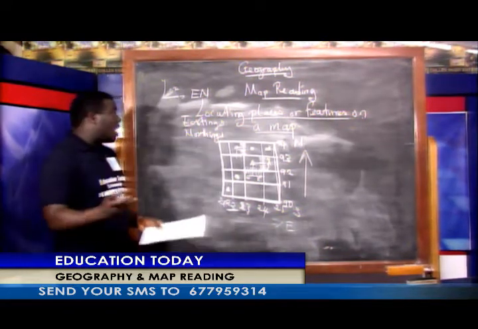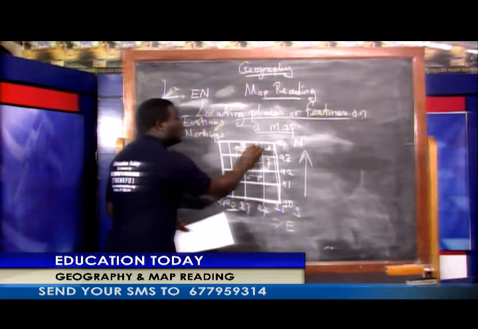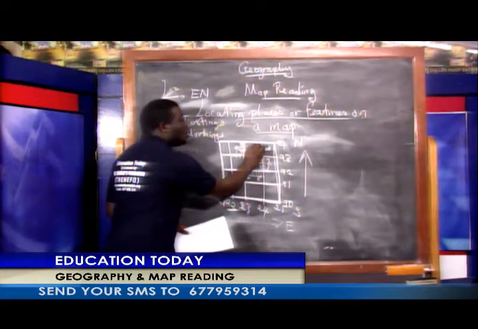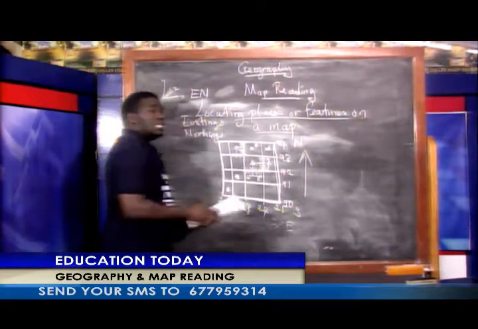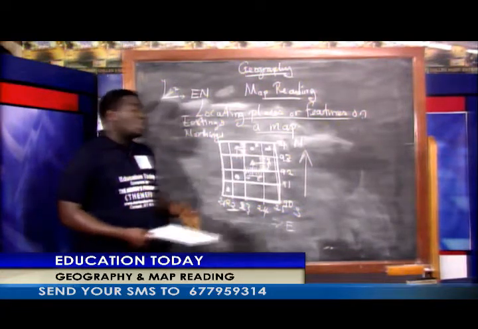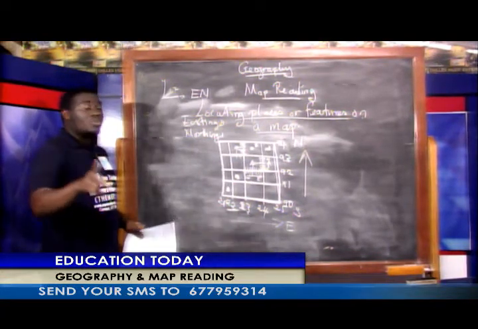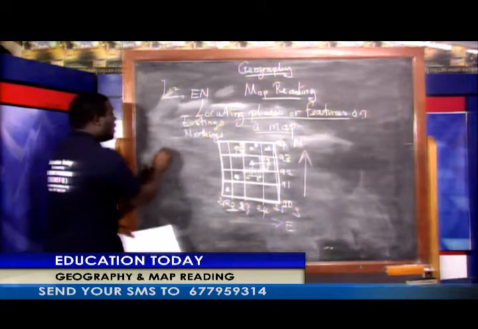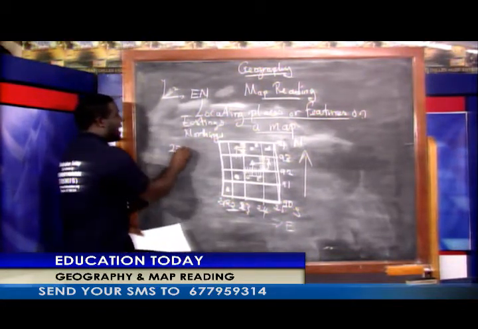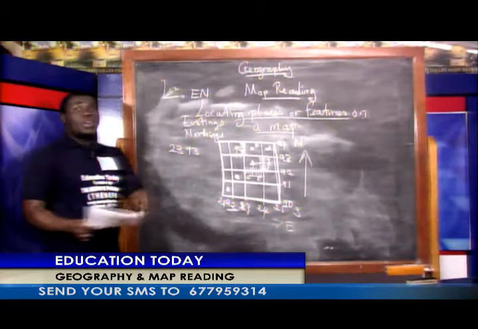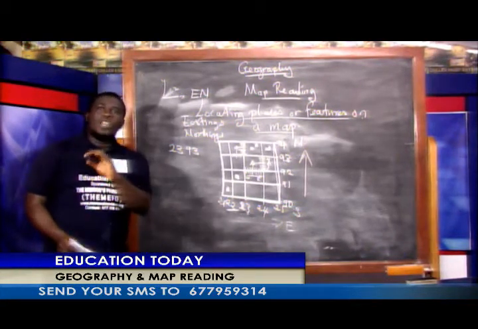Dear televiewers, there are other situations where you may have two features in one square. Let's assume we have a church here in the same square, which means that in this situation, you are going to have the same 4-figure reference for those two features, which will be 23 and 93. But the 6-figure reference will not be the same. Why will it not be the same?